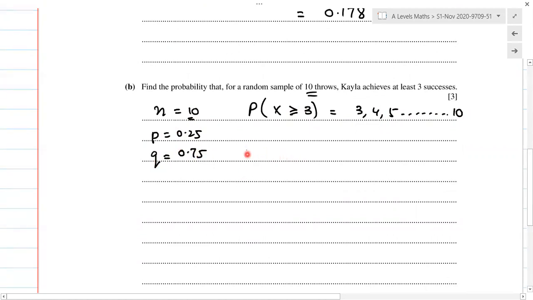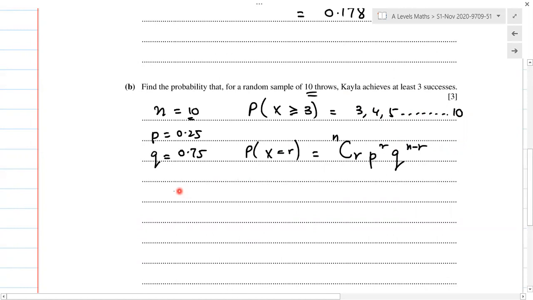Now we know that this is a binomial distribution, so this has a formula of nCr p^r q^(n minus r). Since we have to find the probability that she achieves at least 3 successes, that's going to be all the probabilities from 3 to 10. It's not reasonable to work out all the probabilities from 3, 4, 5, and all the way up to 10.